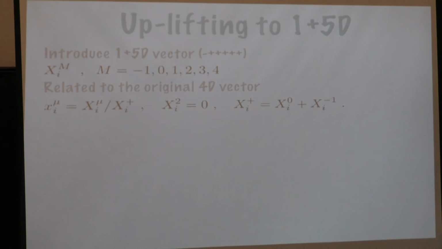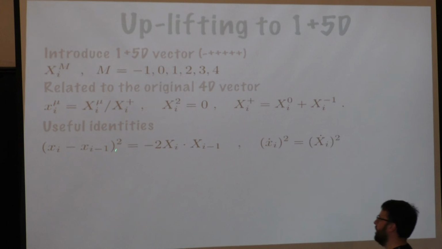Then you have a condition X squared equals 0, and you also divide by this X plus, right? Then you can check the following identities. The first fact about this reparameterization is that special conformal becomes a linear transformation on this capital X. So the whole conformal group, which acts on small x in an ugly way, becomes nice in terms of capital X.